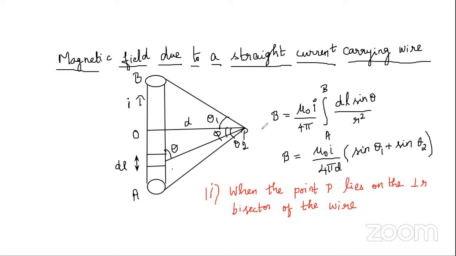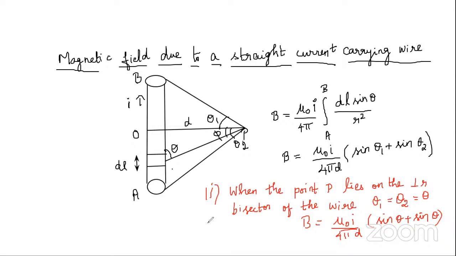So B equals mu naught I by 4 pi d into sin theta plus sin theta, since theta 1 equals theta 2 equals theta.